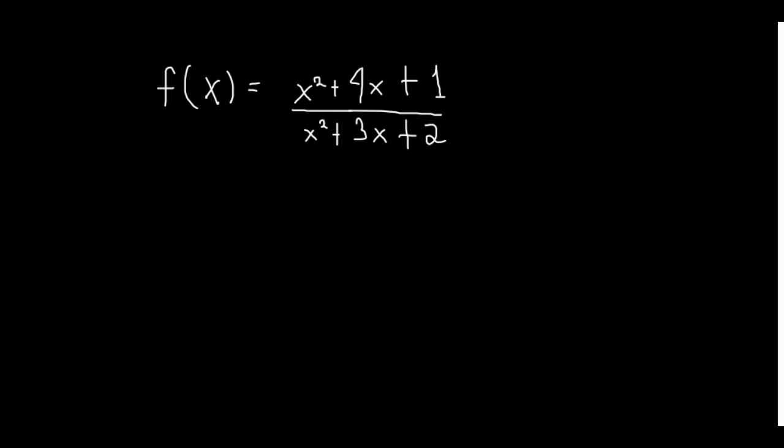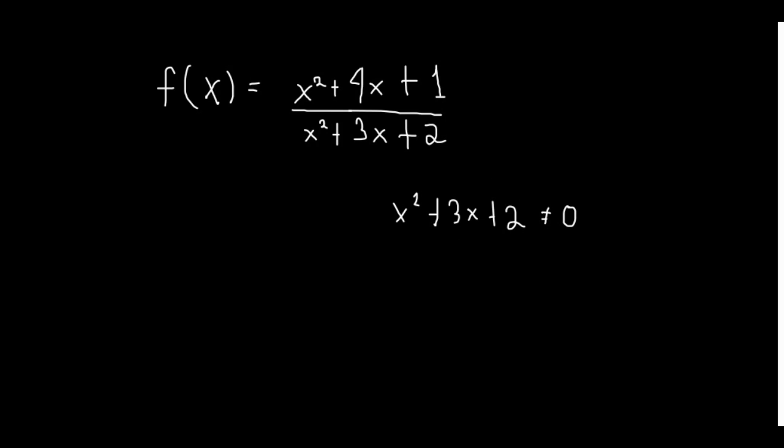Now we have this particular rational function. So to find the vertical asymptote, we have to set the denominator not equal to 0. To calculate this, we have to find the factors of this.